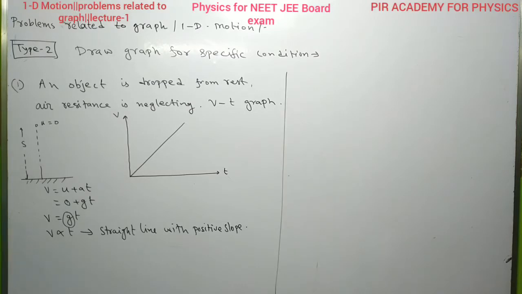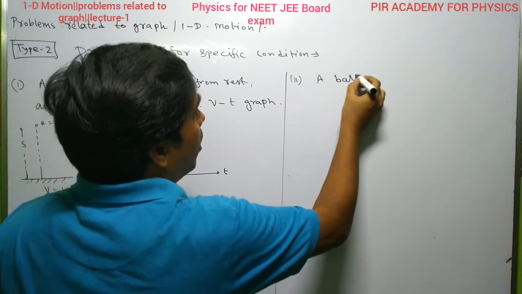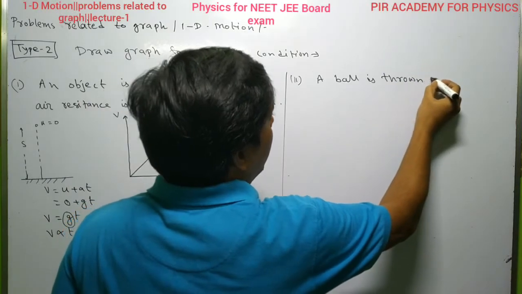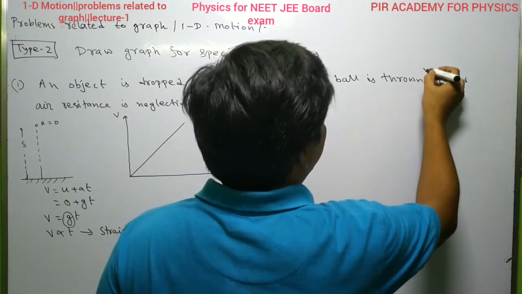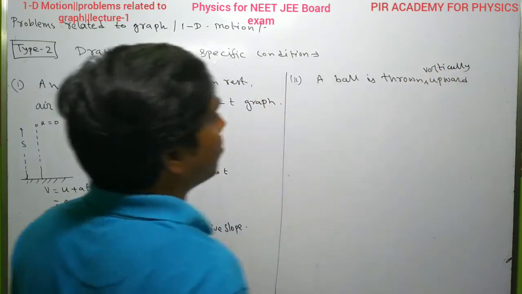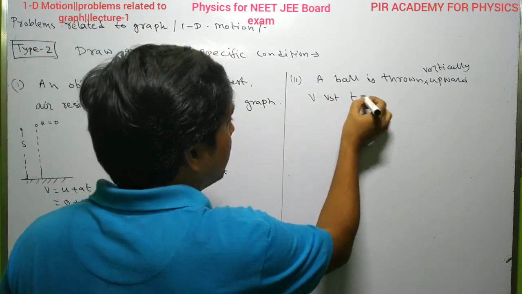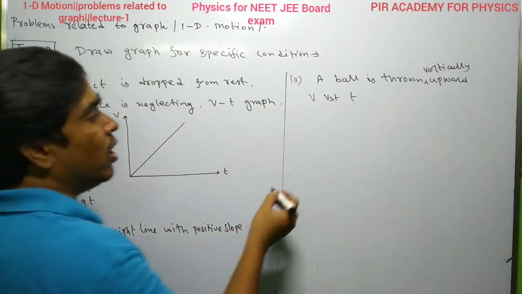Now number 2. Suppose a ball is thrown vertically upward. Then you have to draw the V versus T graph if air resistance is neglected.